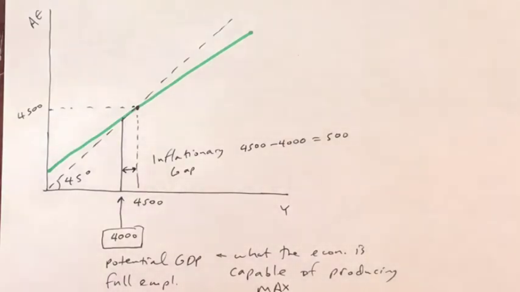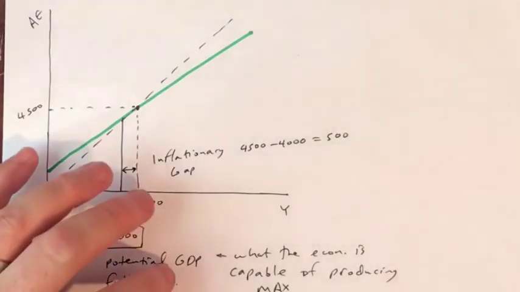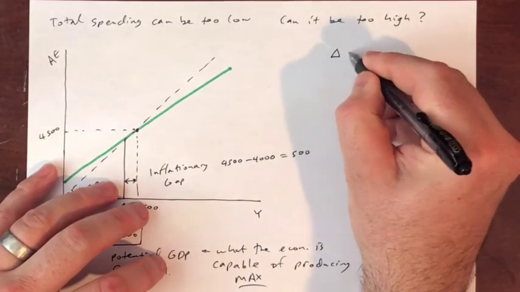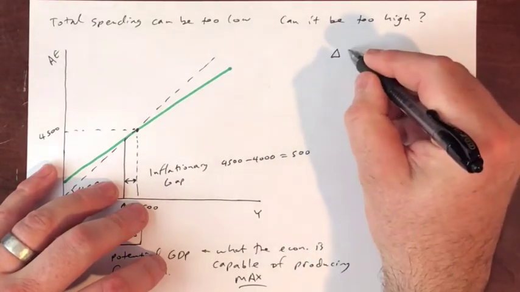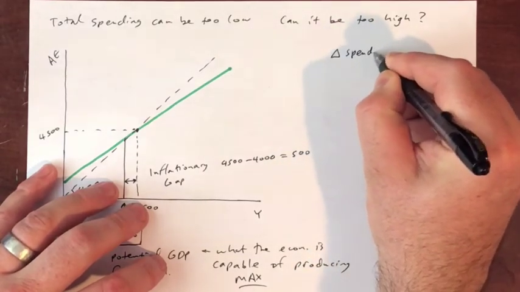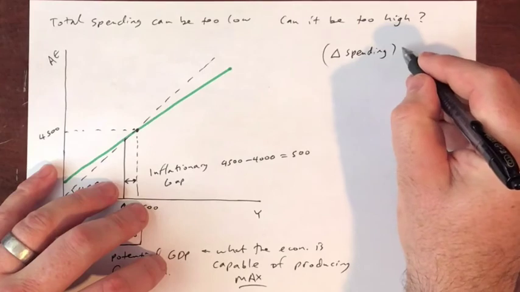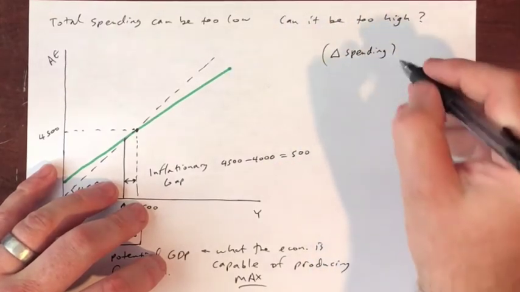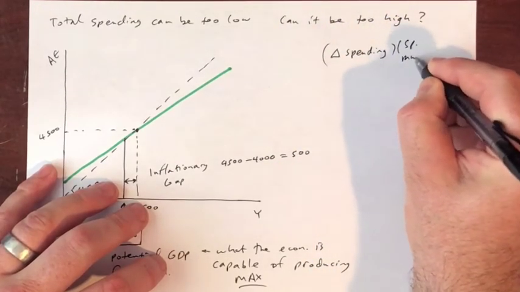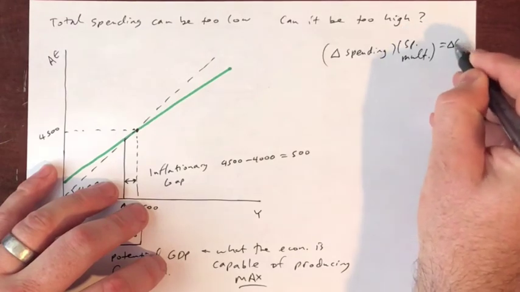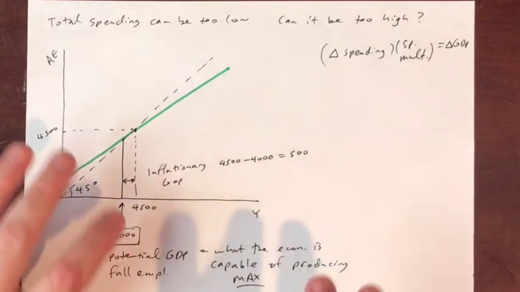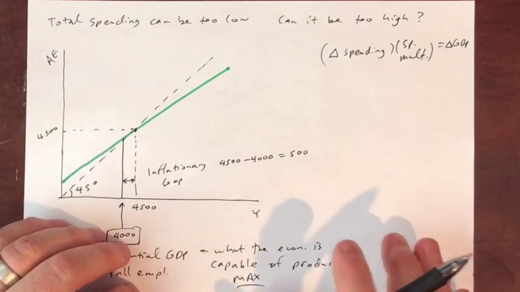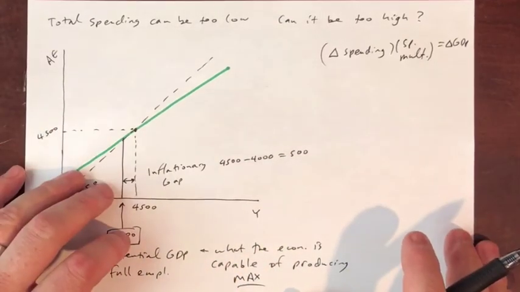So the same ideas apply here. If it is a change in spending that is needed, that's times the multiplier. We've got our spending multiplier, and that's going to give us the change in GDP. In this case, we would actually want to bring it down. Now, I'm just listing this for completeness.